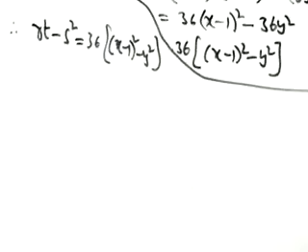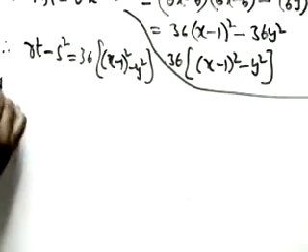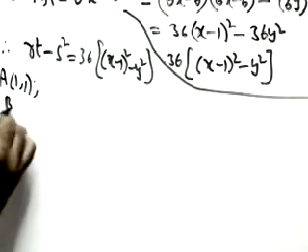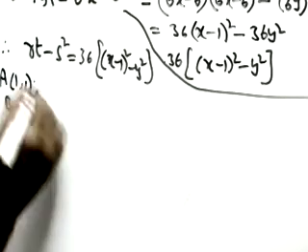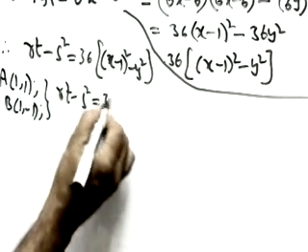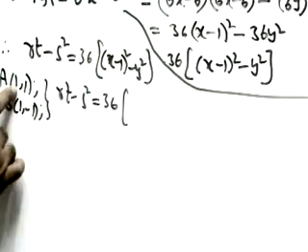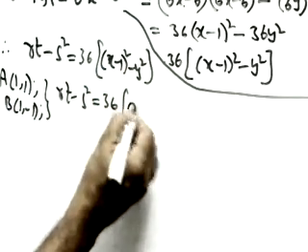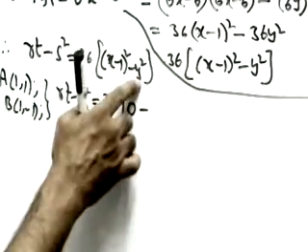Now let me do one thing. One after one, let me substitute the values. We are having A(1, 1) and B(1, minus 1). For both we get the same. Watch carefully. rt minus s square equals 36 into, whether you substitute this point or this point, 1 minus 1 is 0, so this will become 0.